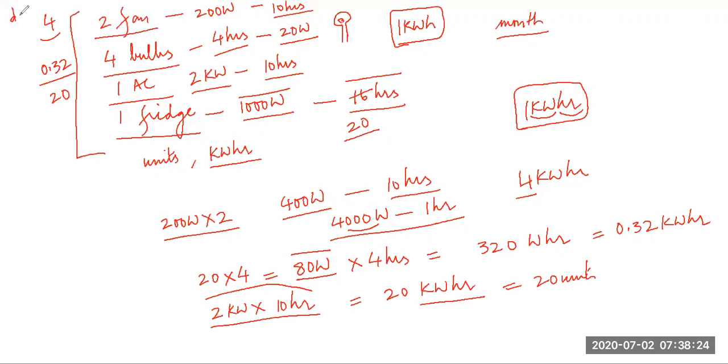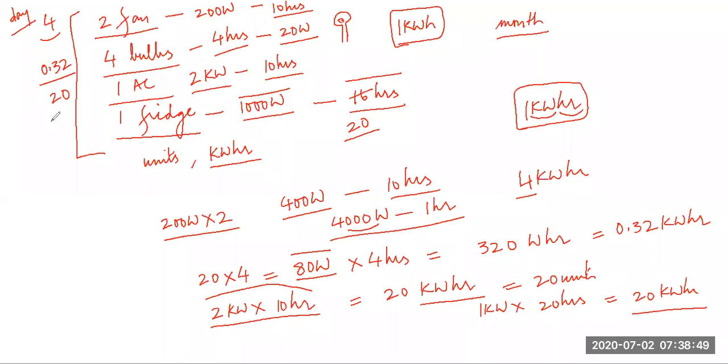We're talking about one day, and we're simply going to multiply the number of units of one day into 30 days maybe. So one fridge, 1000 watt into 20 hours. So 1000 watt is 1 kilowatt into 20 hours. So this is equal to 20 kilowatt hours.